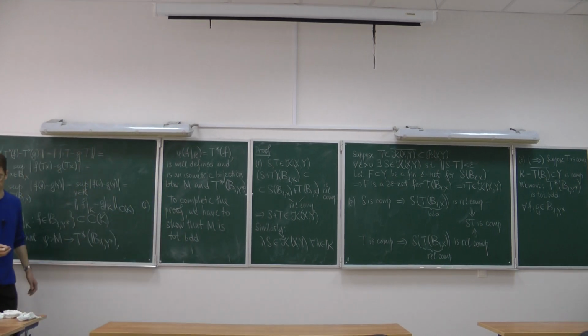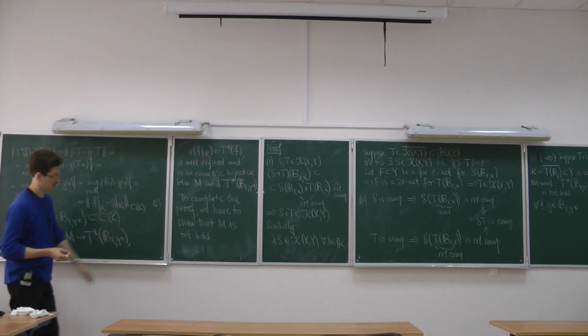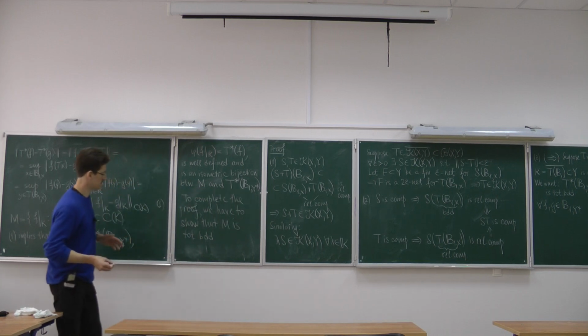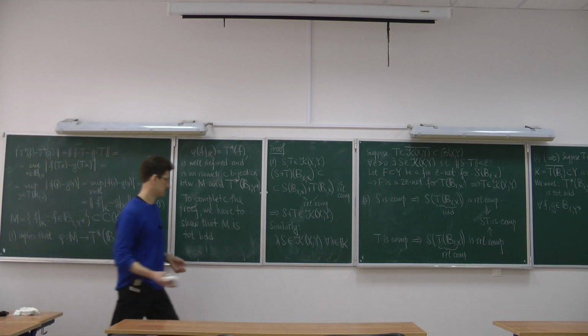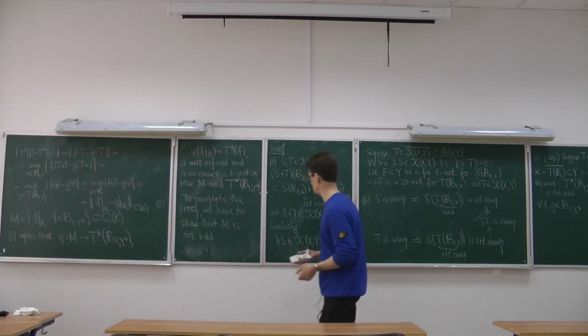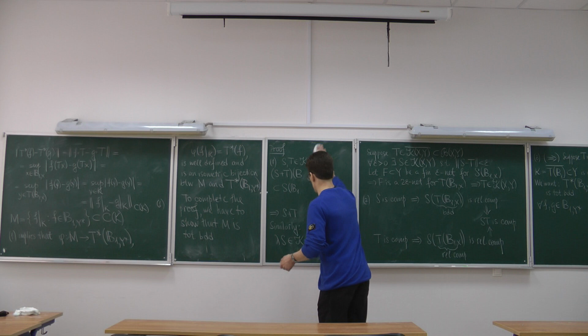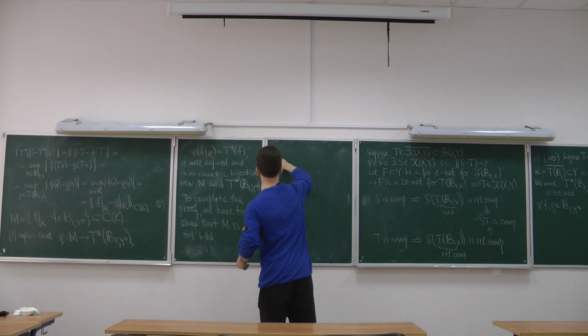Why is it more convenient than showing that this set is totally bounded? This is more convenient because M is contained in C of K, and we have a very useful criterion, namely the Arzelà-Ascoli theorem, which says that a subset in C of K is totally bounded if and only if it is bounded and equicontinuous.